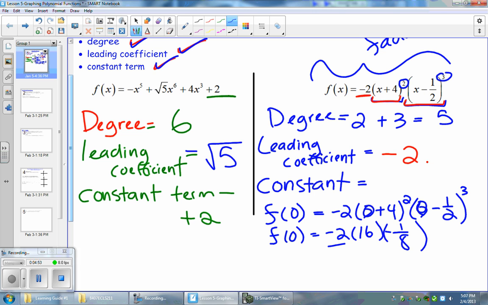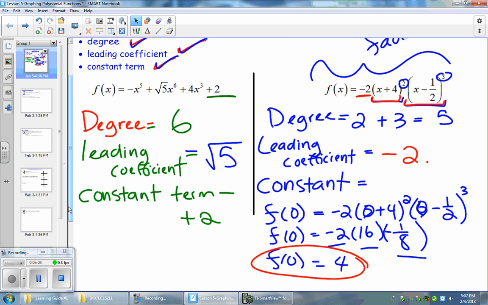If I multiply each of these three numbers here, I get a value of positive 4. And that positive 4 is the constant of my polynomial. And that is how you identify the degree, the leading coefficient, and the constant term of a polynomial function.